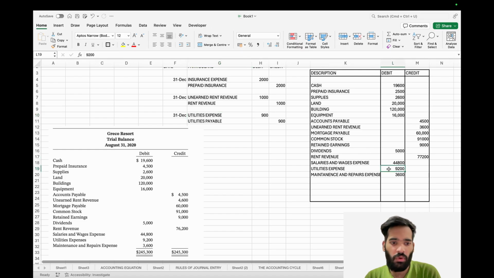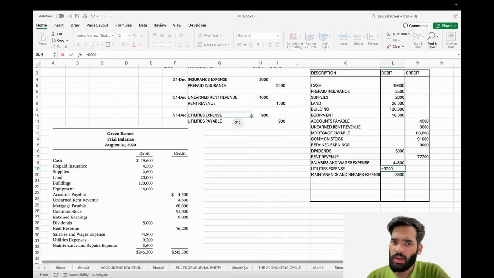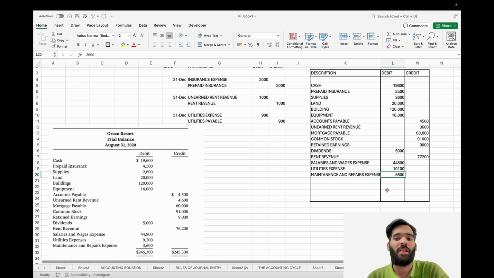So me writing the same number as this is actually a mistake. So what do I have to do? I have to take the unadjusted balance, which is 9,200, and adjust it for what happened here. It got debited. We know expense, when it debits, it means it's increasing. So we'll do plus 900. Now we have the correct adjusted balance for the utilities expense.